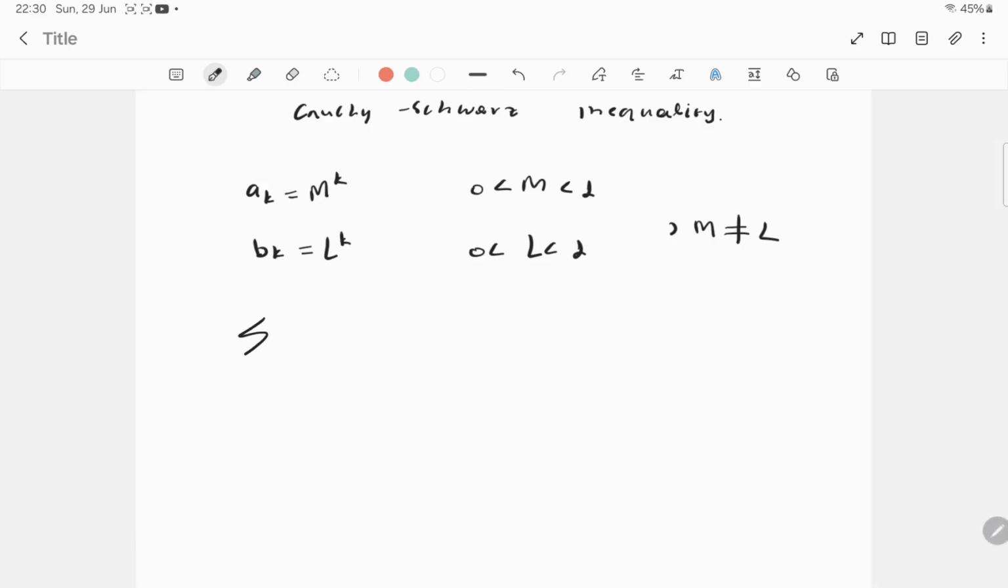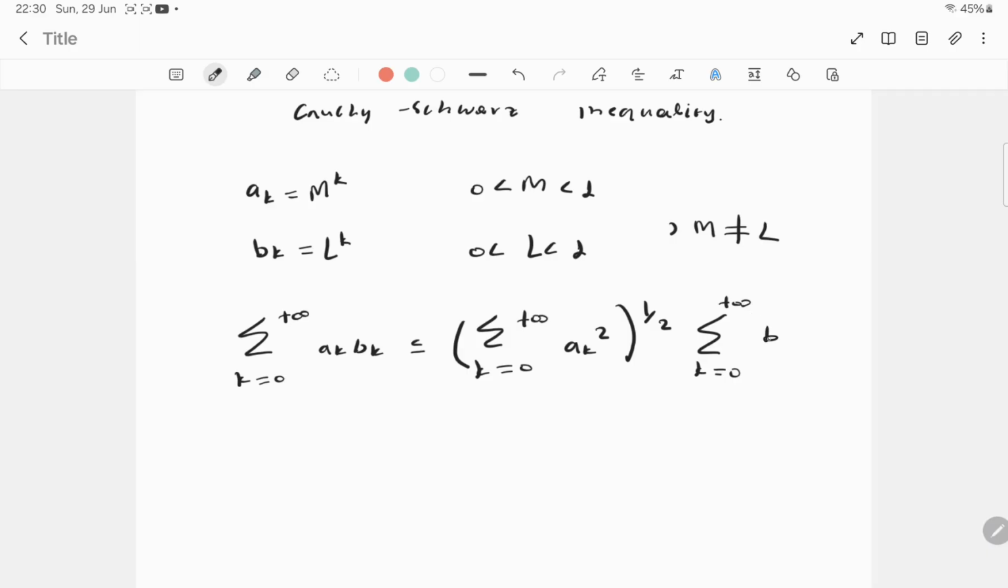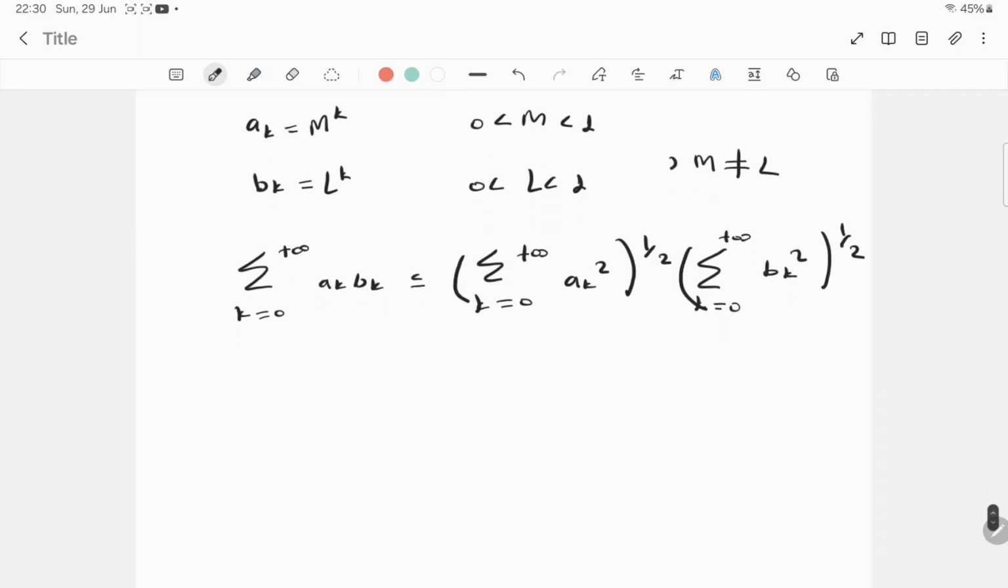The Cauchy Schwarz inequality, the discrete form, is the following. Let's take this form of the Cauchy Schwarz. Let's have a look at the left hand side.